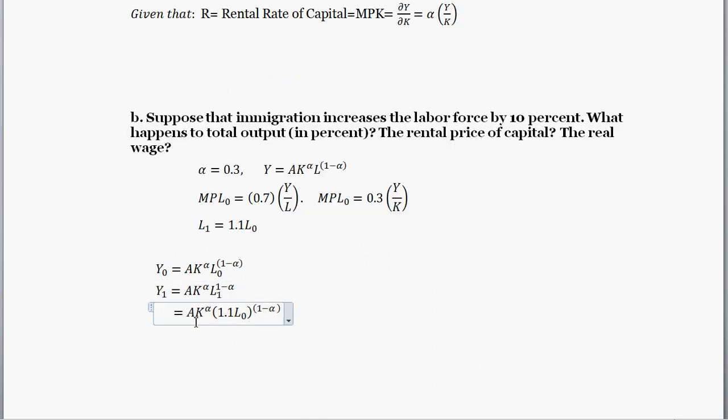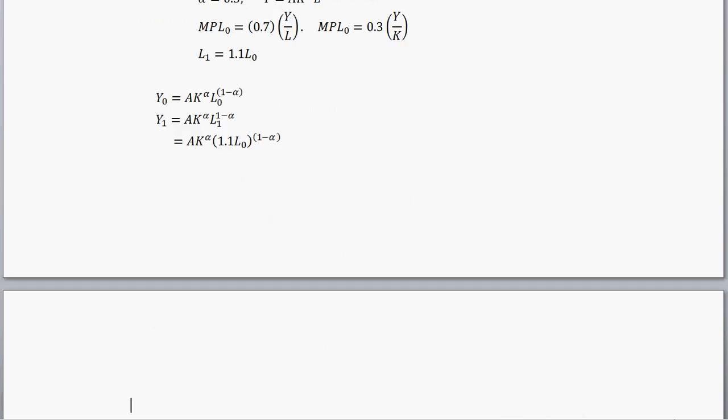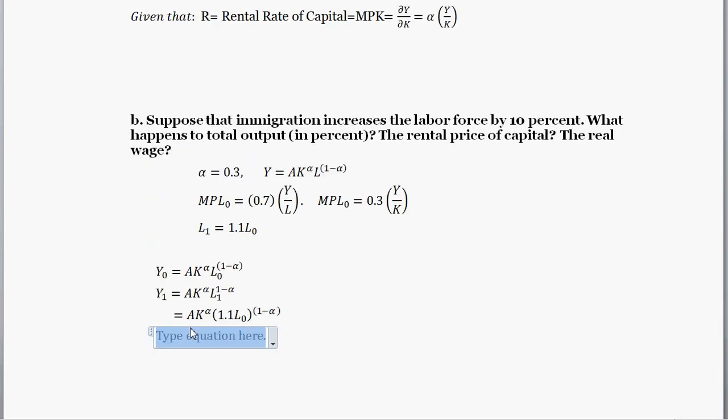So our new production level is equal to these first parts, which are the same, technology and capital is the same, and then 1.1 times the initial labor raised to that exponent. We can move this 1.1 to the front. And then everything else is exactly how it was before.